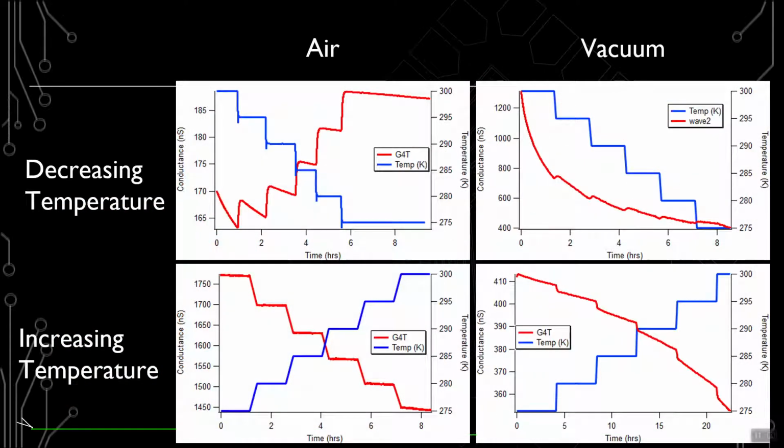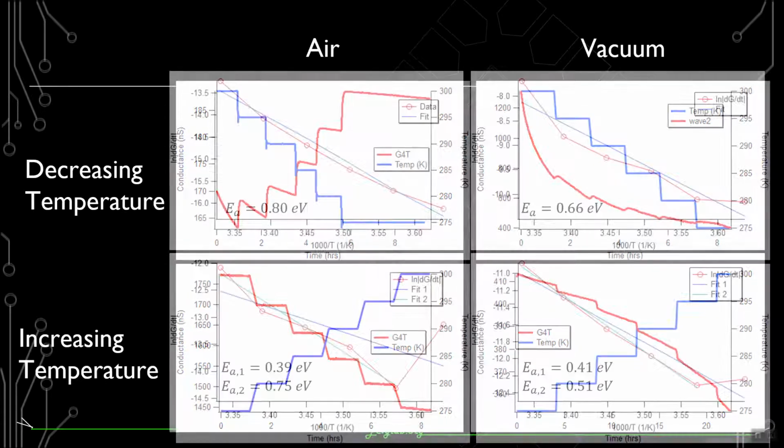So placing all 4 graphs next to one another, you can clearly see that as we increase the temperature, the rate of decay will increase in all 4 tests. And likewise, when we decrease the temperature, we're able to slow the decay of these nanostructures that we create.